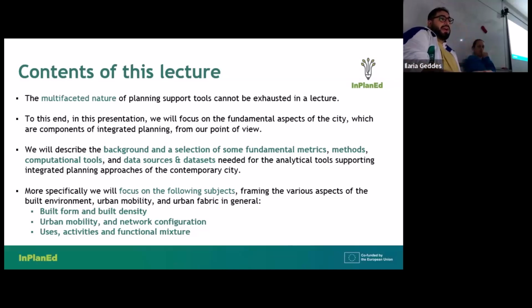I will share in the background a selection of some fundamental metrics, methods, computational tools, and other sources needed for such analytical tools. I will focus on built form and built density, urban mobility and network configuration, and also activity users and functional mix.